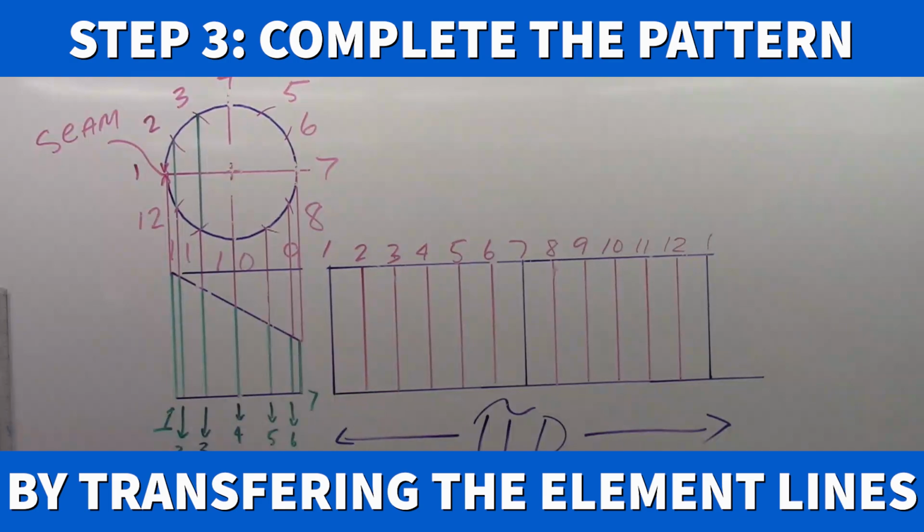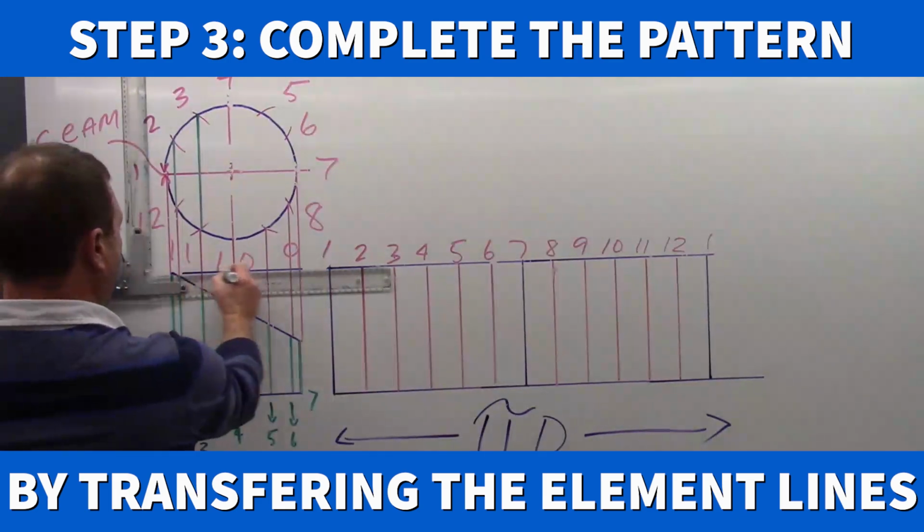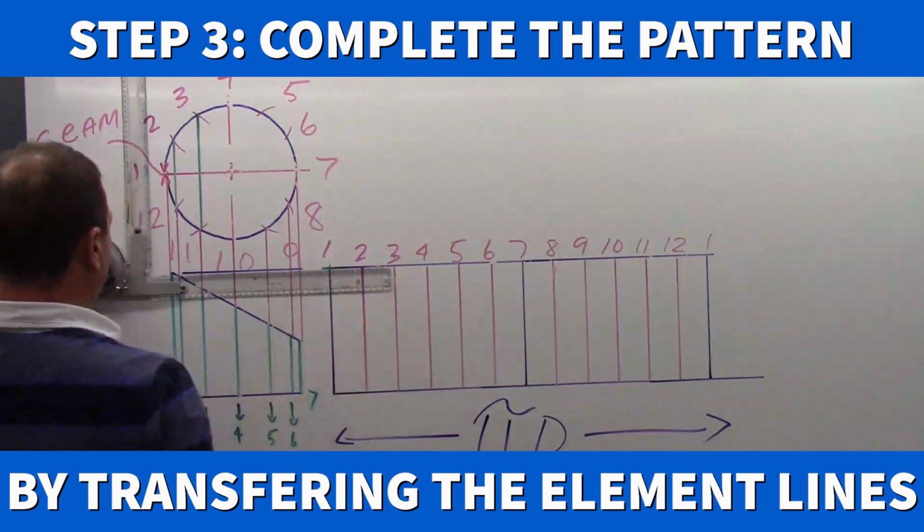Now what we can do is look at the green line 1 here, and there's 2 options that I have. Sometimes, and in this case, I've done it in a way where I can project the lines across. So I may just take my drafting arm and project this line right across and say here's point 1 here.